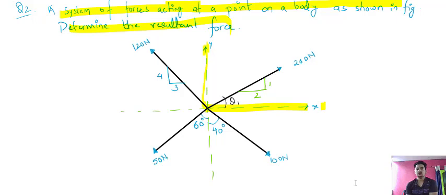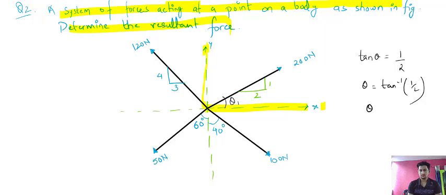For calculation of theta 1, if it is rising by 1 for 2, then tan theta will be perpendicular upon base, so theta will be tan inverse of half. The value of theta comes out to be 26.56 degrees.